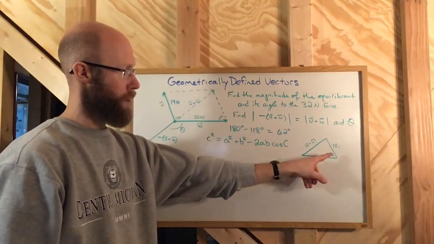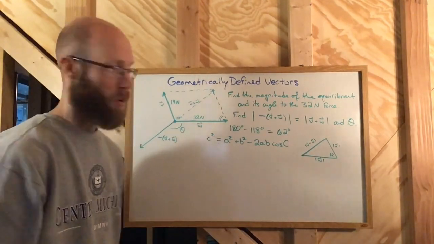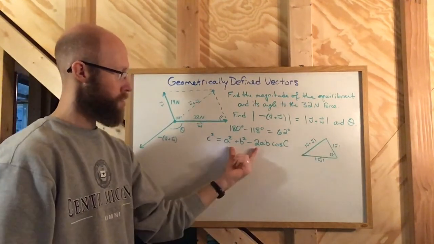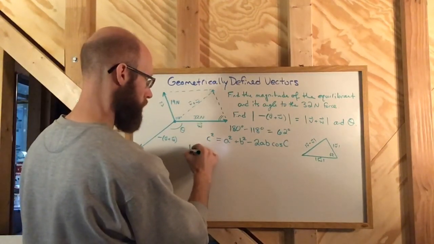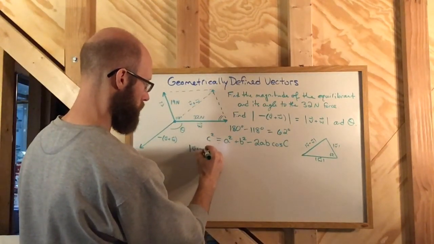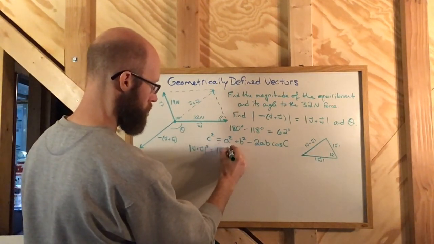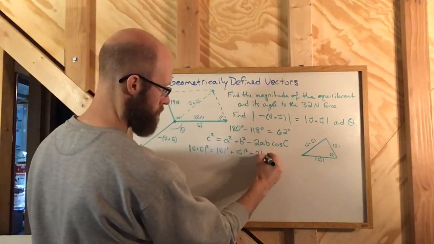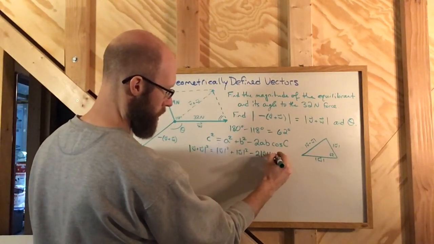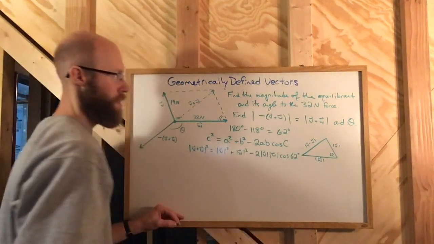So 62 is my big C, V plus W is the opposite side. That's what I don't know. The other two magnitudes are the a and the b. So when I plug that all in, I get magnitude V plus W squared equals magnitude of V squared plus magnitude of W squared minus 2 times magnitude V times magnitude W times the cosine of 62.